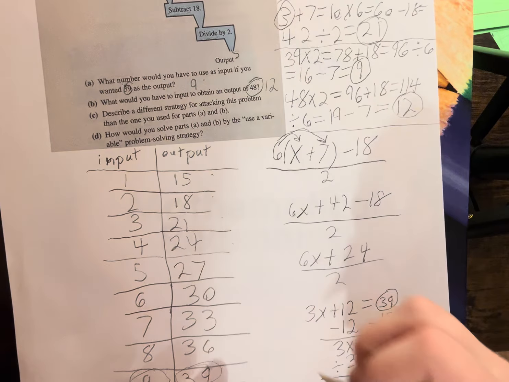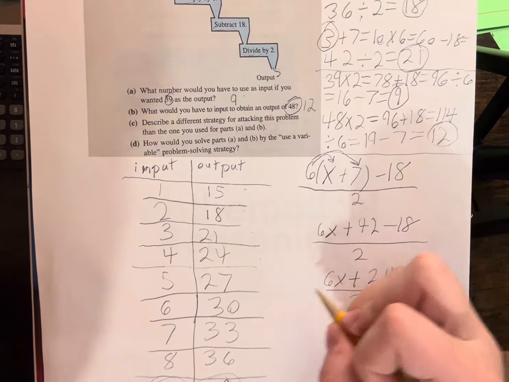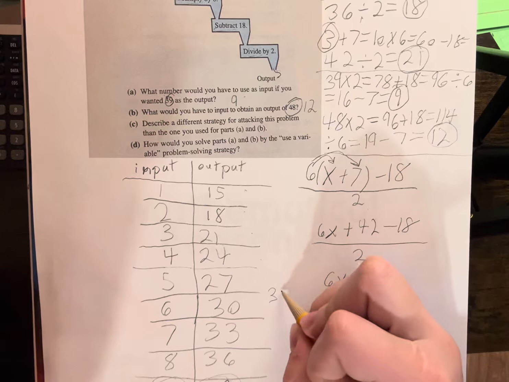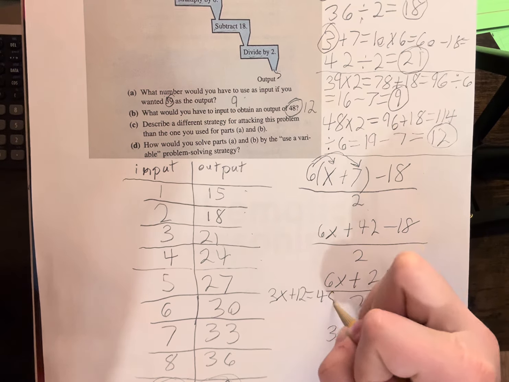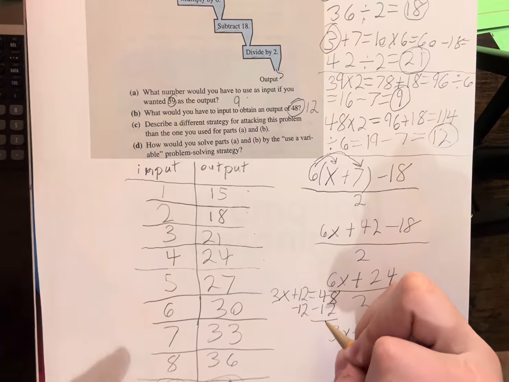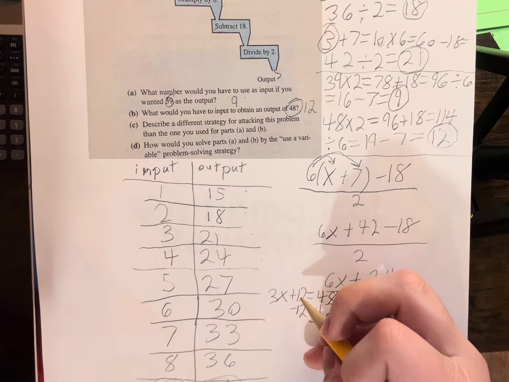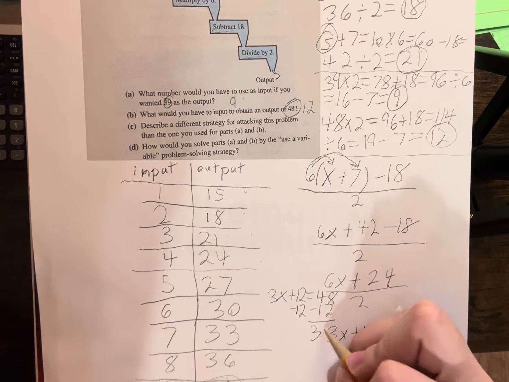And then to do that again for 48, 3x plus 12 equals 48. So subtract 12, and that would get us 36.